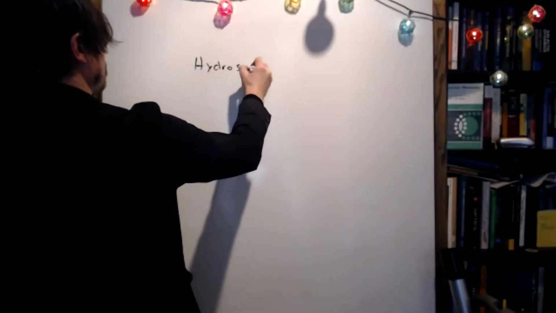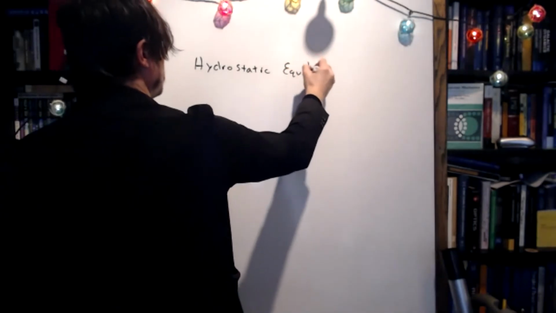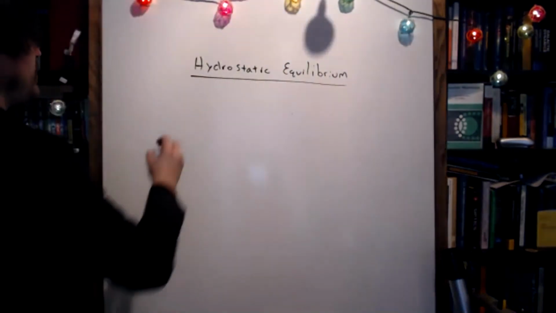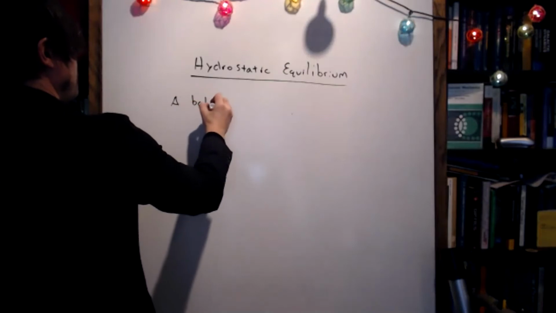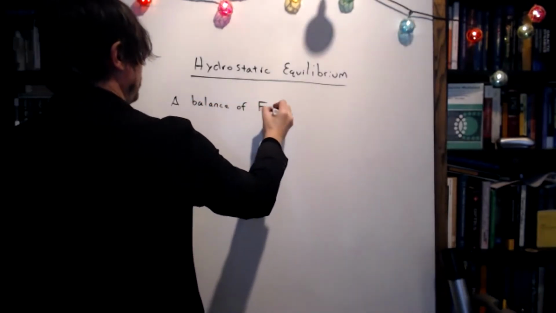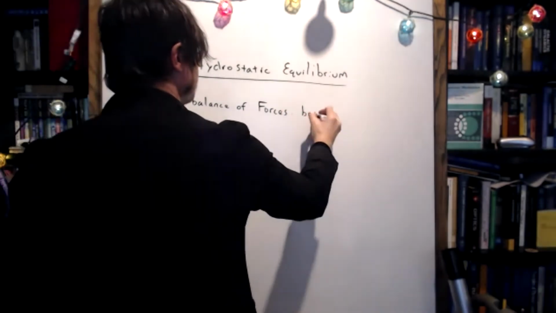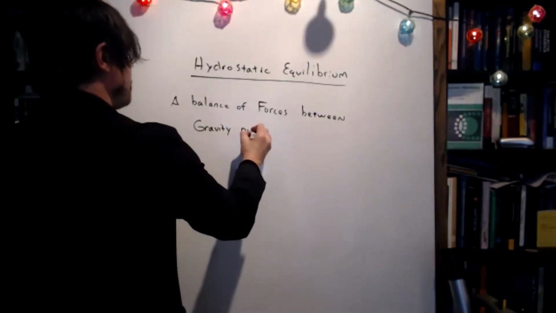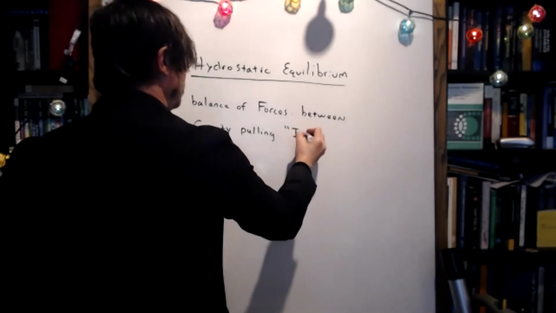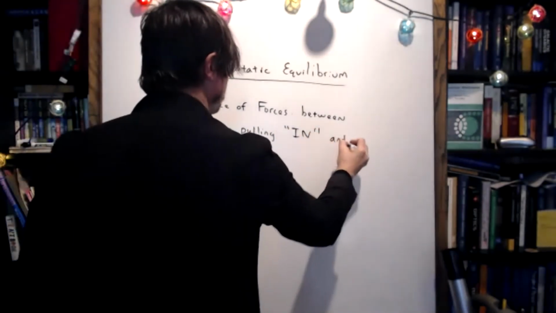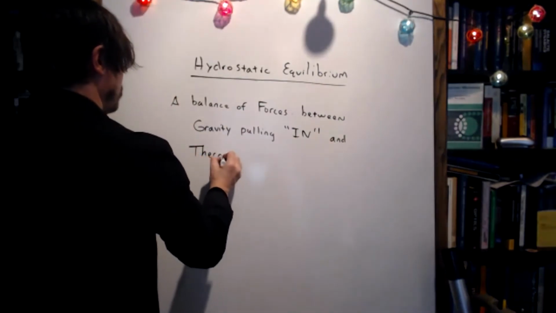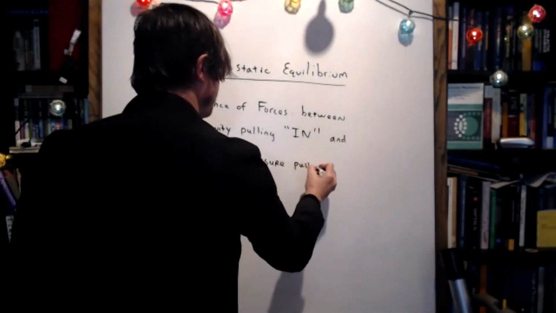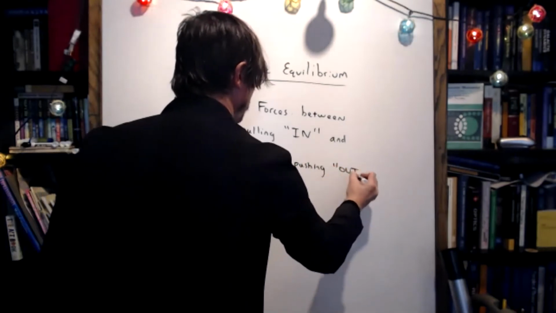Introducing hydrostatic equilibrium. Hydrostatic equilibrium is a balance of forces between gravity pulling, let's say, in, and thermal pressure pushing out.